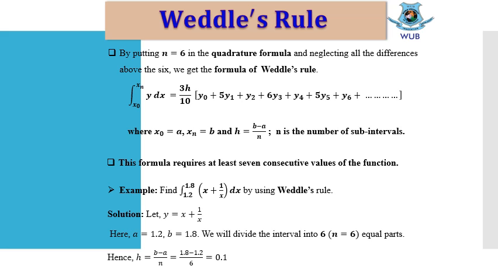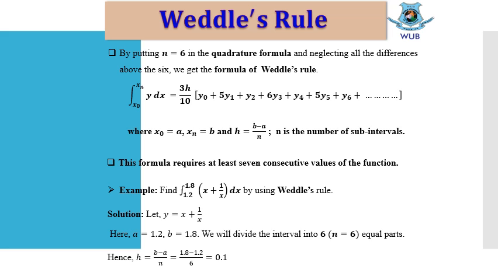And we get the equation, which is the integral of y dx equals 3h/10 times [y0 + 5y1 + y2 + 6y3 + y4 + 5y5 + y6 + ...] and so on, where x0 equals a, xn equals b, and h equals (b minus a) divided by n, which is the number of sub-intervals.